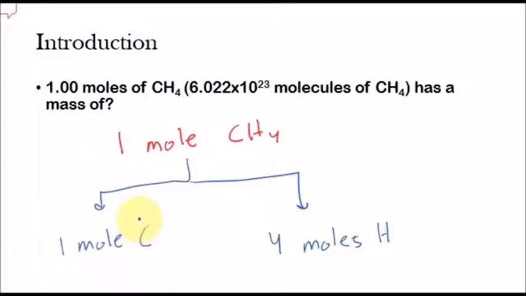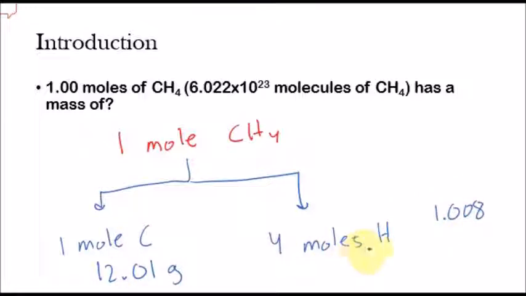If you look at the periodic table, the molar mass, the average atomic mass of carbon, is 12.01 u. So 1 mole of carbon is going to have 12.01 grams. And then 4 moles of hydrogen. The average atomic mass of hydrogen on the periodic table is 1.008.